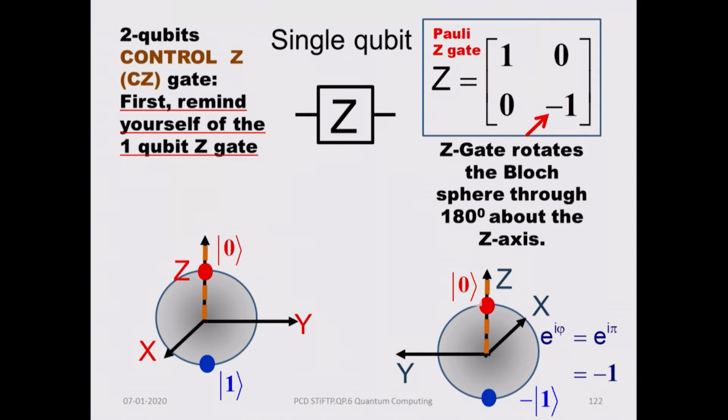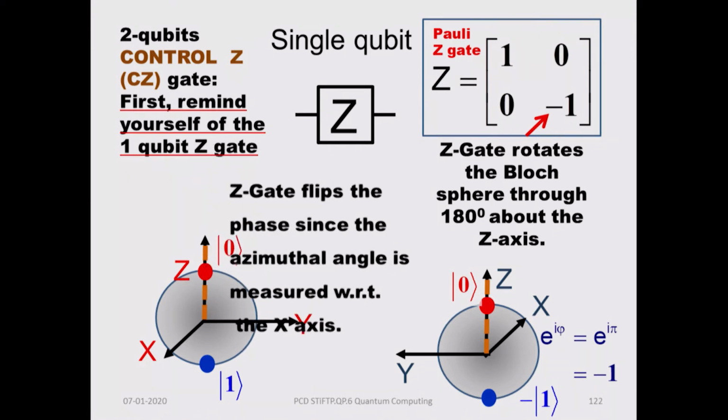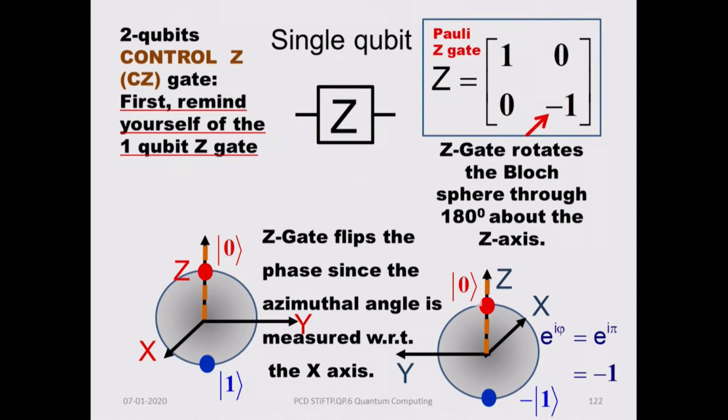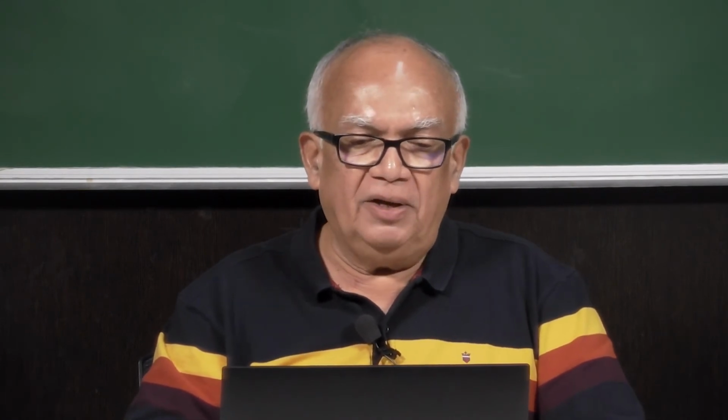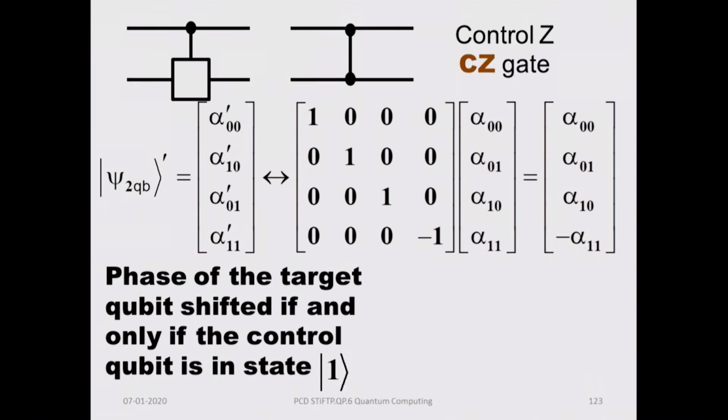So, this is what the Pauli Z gate did to 1 qubit, okay, and with this reminder we can now discuss the control Z 2 qubit gate. So, the single qubit gate essentially was a phase shift gate, and the control Z gate has this operation.